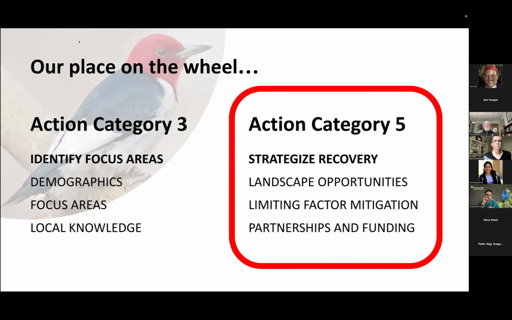And so we'll be looking at how all of this work in sections 3 and 4 to move towards identifying limiting factors can then move into developing a strategy for recovery, and how we can move into that section while still working on the rest and moving in cycles through those other sections as more data and more opportunities are gained.